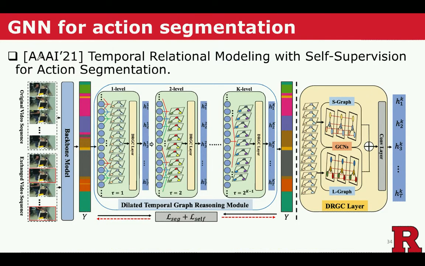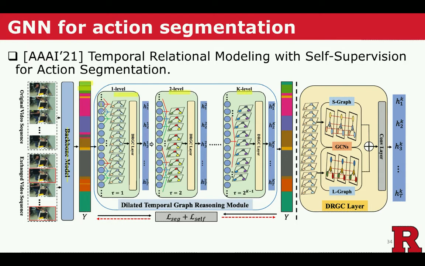This AI21 paper shares a similar idea. They also use a GNN to refine the prediction from a backbone model. But now the difference is that each frame is considered as a node. The GNN is used to model the long-range dependency between the frames at multiple time spans.